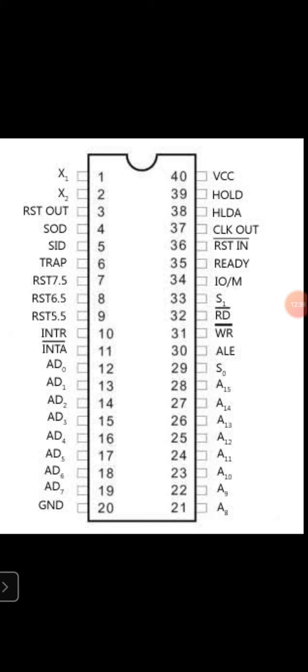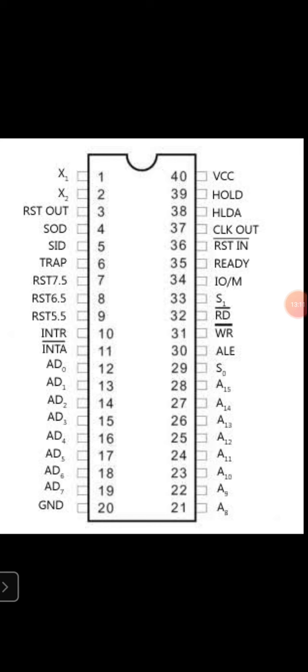For every instruction in the microprocessor, the speed can be determined by the clock cycles. The time of the clock cycle is 320 nanoseconds. All of you memorize it. The clock cycle of the microprocessor is 320 nanoseconds.